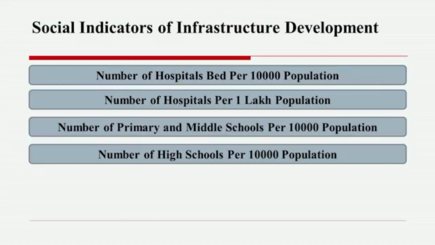For social infrastructure, indicators include the number of hospitals per 1 lakh population, number of primary and middle schools, and number of high schools. These basic indicators show whether we really have good social infrastructure or not.